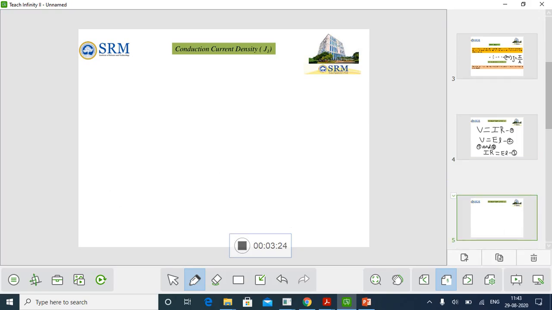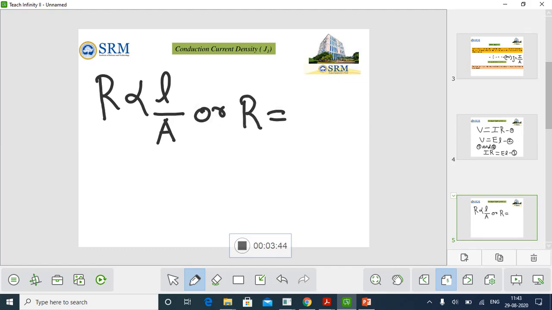We know that the resistance R is directly proportional to the length of the conductor and inversely proportional to area. So we can write R directly proportional to L by A, or R equal to rho into L by A. We know that the value of rho equal to 1 by sigma.